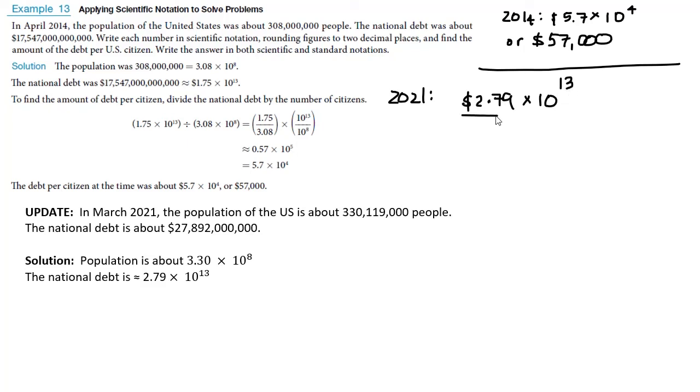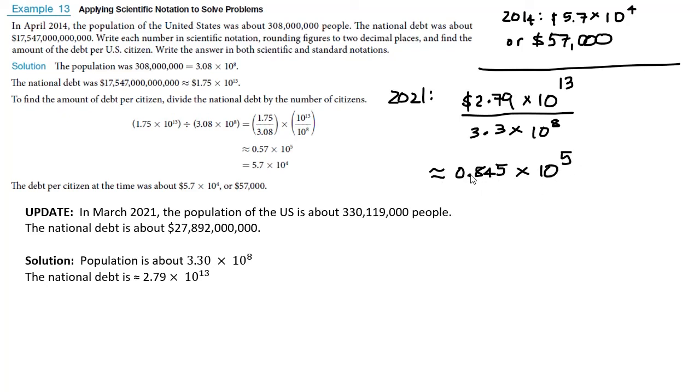And we're going to divide that by the number of people in the US. So that's 3.3 times 10 to the 8 people. And we're going to do that calculation. Now, I'm going to round it off. It's going to have to be approximate because 2.79 divided by 3.3 is about 0.845 times 10 to the power 5.